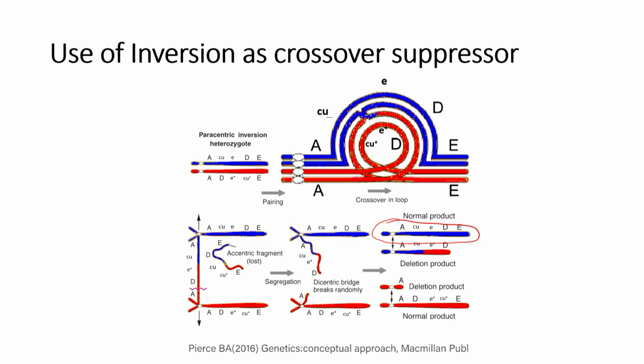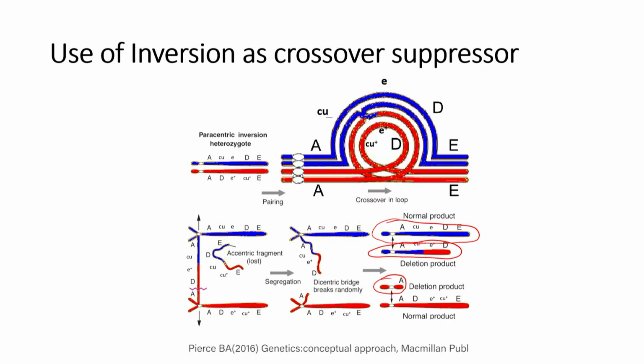This has an incomplete genome. You can see A, Cu plus, E plus, D. So this is an incomplete genome. This will die. The other one is also an incomplete genome. Only A is present. So this will die. This one has the inversion A, D, E plus, Cu plus, E.